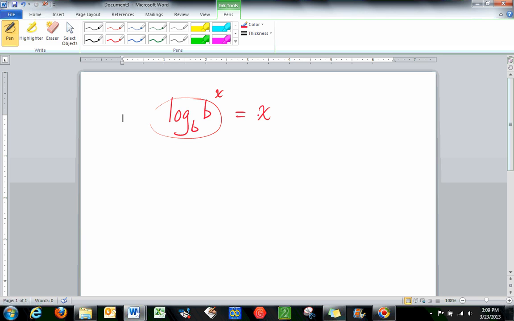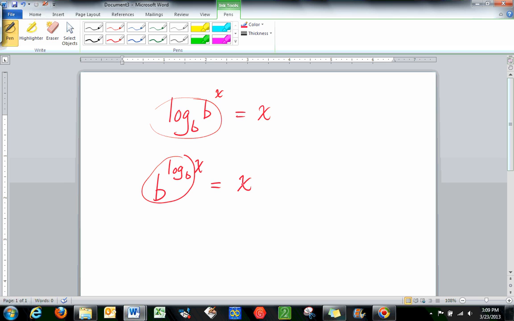We have a similar situation here where I have a base with an exponent, but the exponent itself is equal to a log. Then this base and this log base also more or less cancel each other out, leaving us simply the x value.